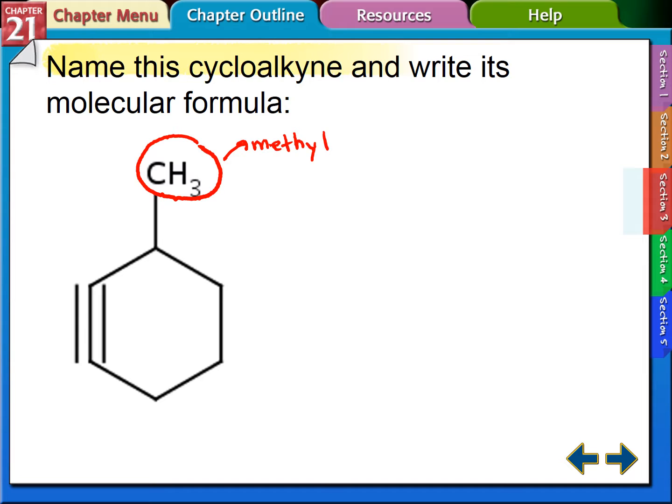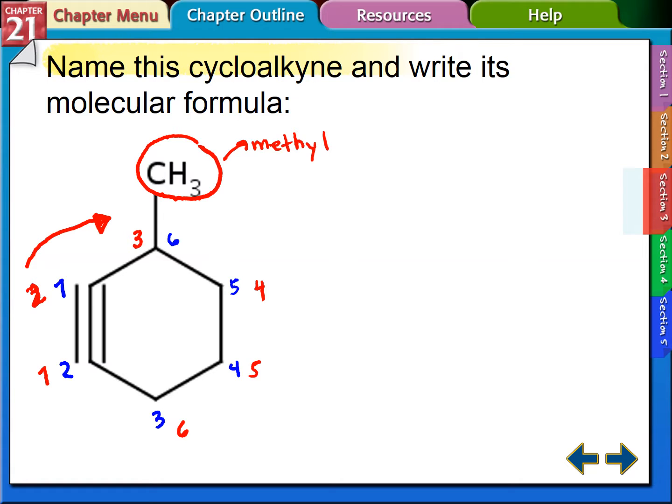So if we assign this as our carbon 1, this should be carbon 2, 3, 4, 5, 6. However, if we assign this as our carbon 1, this is carbon 2, and the substituent is connected to carbon 3, 4, 5, and 6, which tells us that this way is the proper way of assigning the carbons.